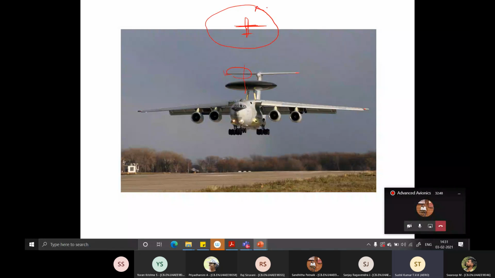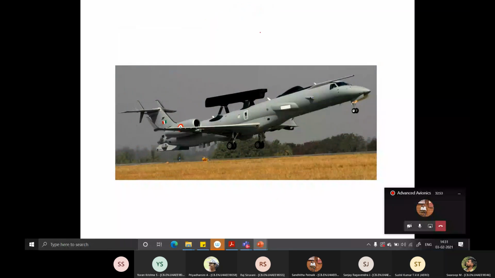Now look at the Netra. Let's say the aircraft is like this, and you find the radar fitted like this.